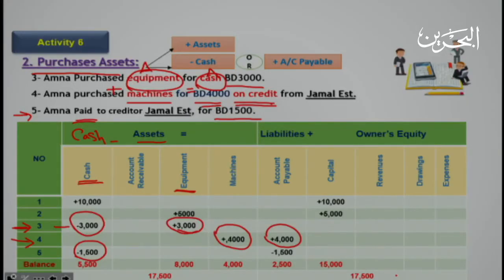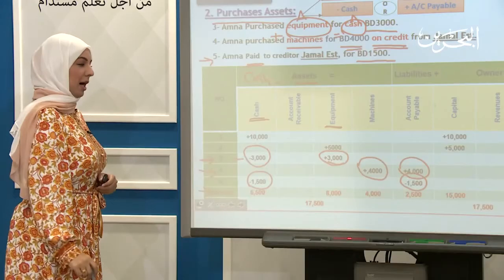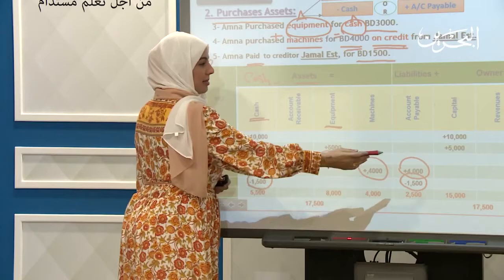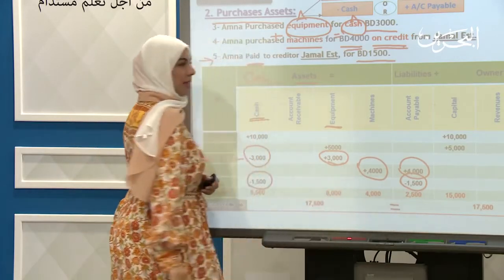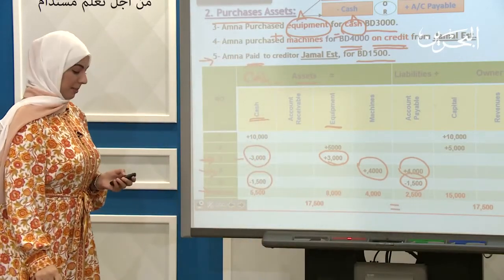Then, if I pay the liability, the liability will decrease, so I come to the liability section under the account payable and decrease it by 1,500. Finally, as I know, I should find the balance for all the transactions to keep the assets equal to the liability plus owner's equity.